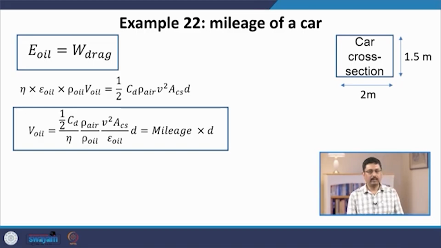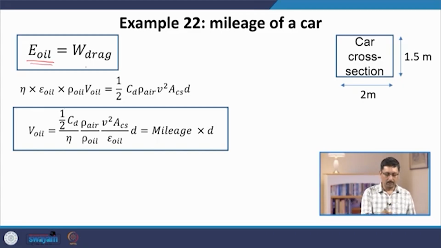Now, we arrive at our key principle of physics. The burning of oil generates energy that drives the car. So, the amount of energy generated by the oil, corrected by the efficiency, must be equal to the work done to drive the car against the drag force.